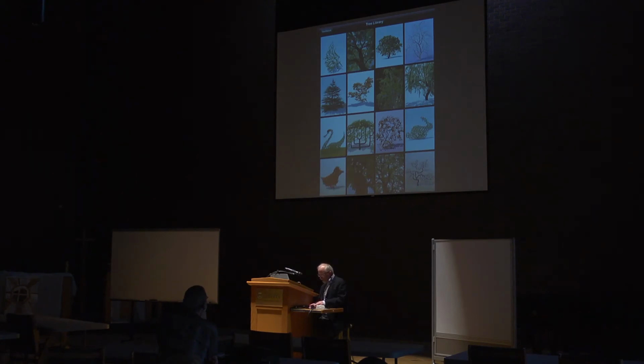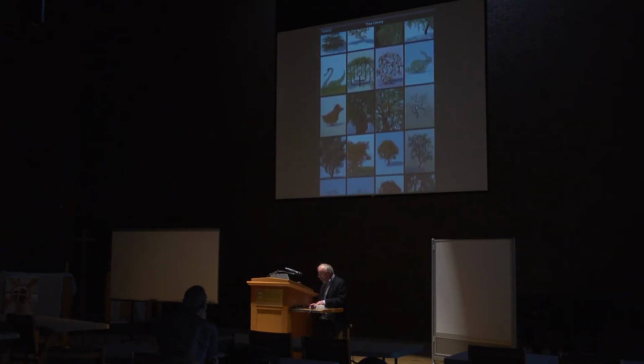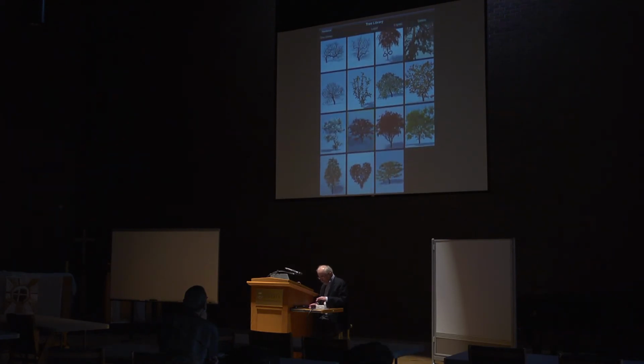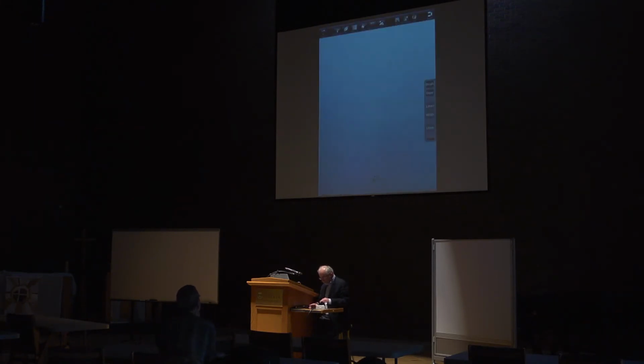So here we have different types of trees which have been defined before, and the parameters can be loaded. So I'm loading parameters for this tree. And now, this is in relation to this magic wand and stardust.